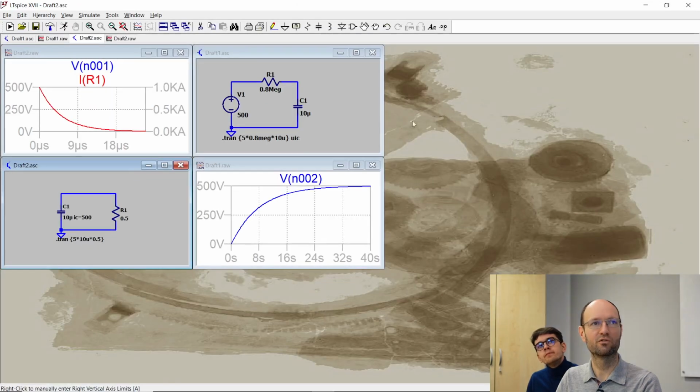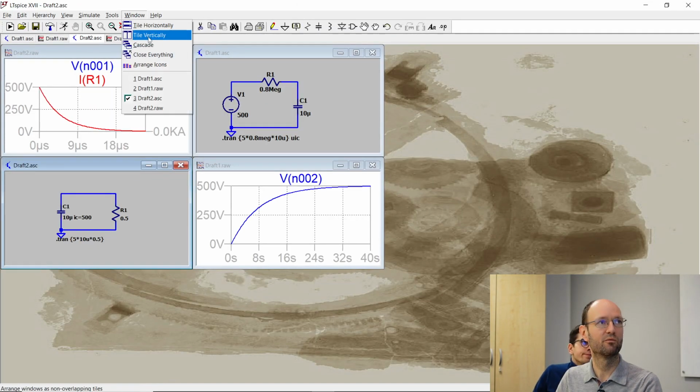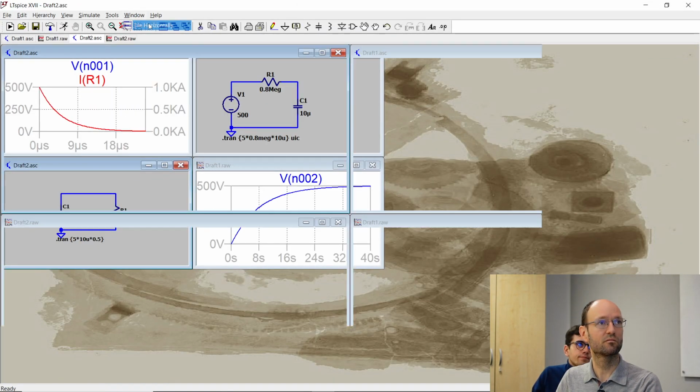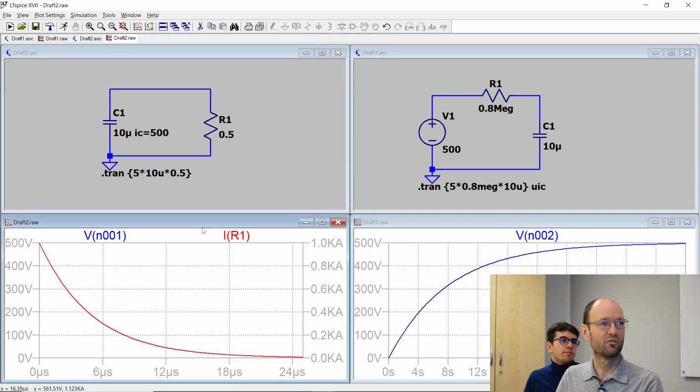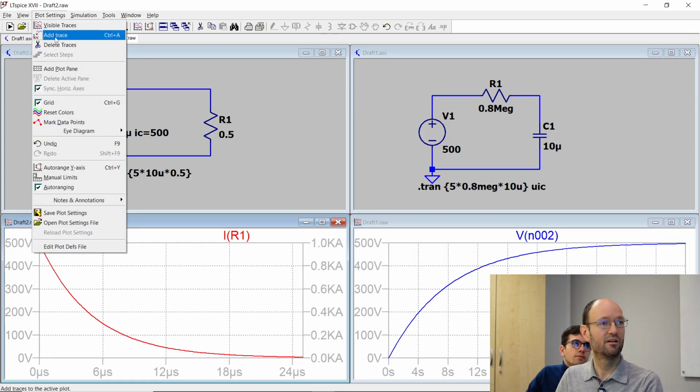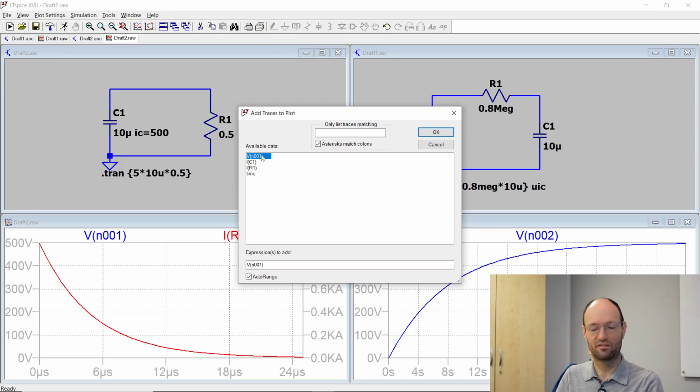So now if I enlarge this a little bit, maybe rearrange my windows. So here's now the nice window. Now what I could also do is have another trace where I take this voltage and multiply the voltage with the current.